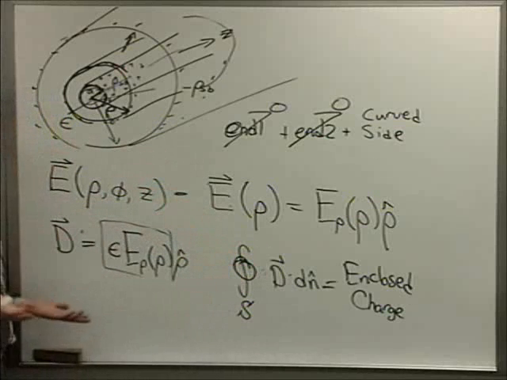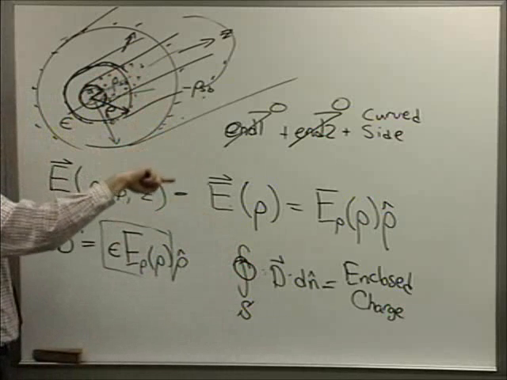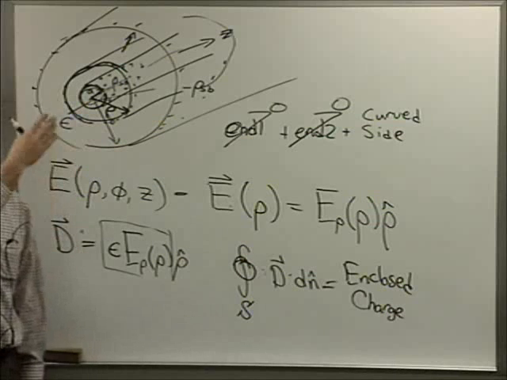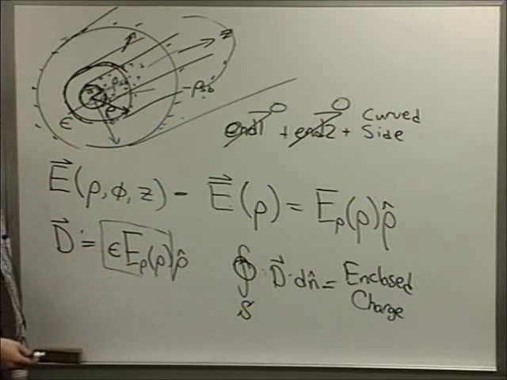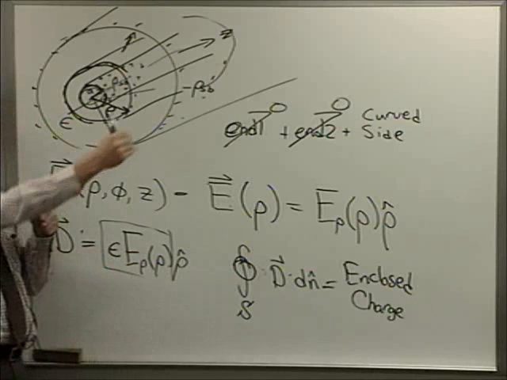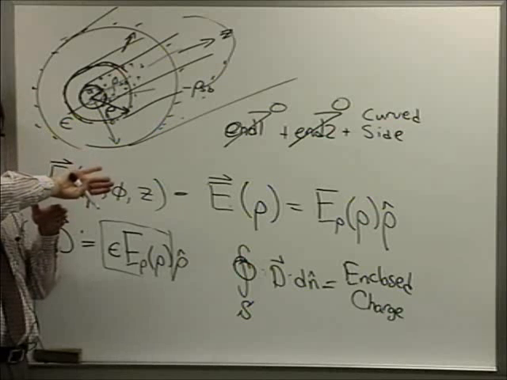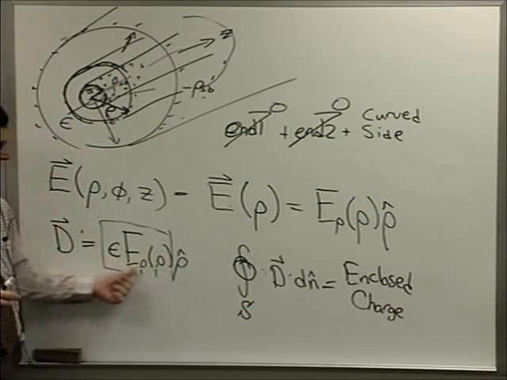All I really have to do is just take this value and multiply it by the surface area of that cylinder. Because that surface area is all at the same rho. Rho is going to be a constant in that integration. I'm integrating along z. I'm integrating around in phi, in azimuth. I don't need to vary my rho. So I can treat it like a constant.